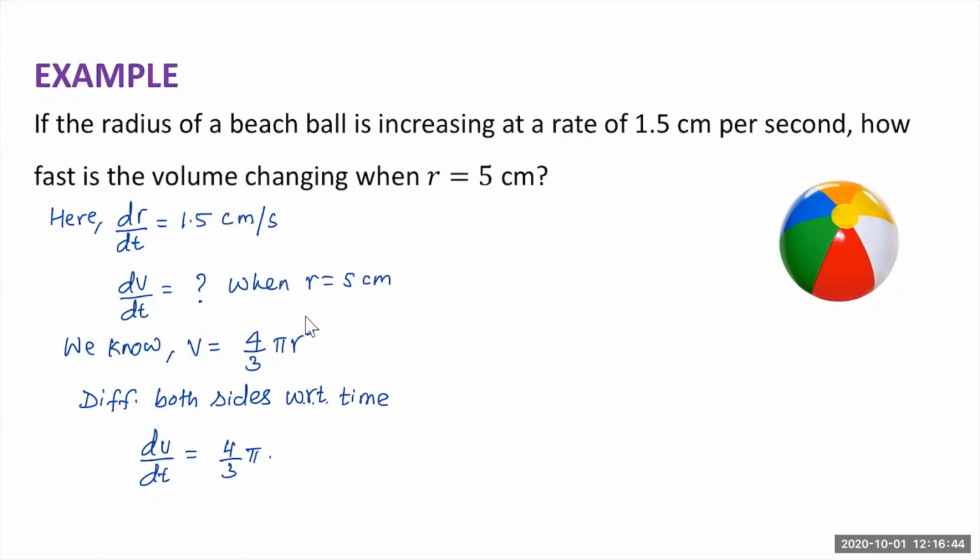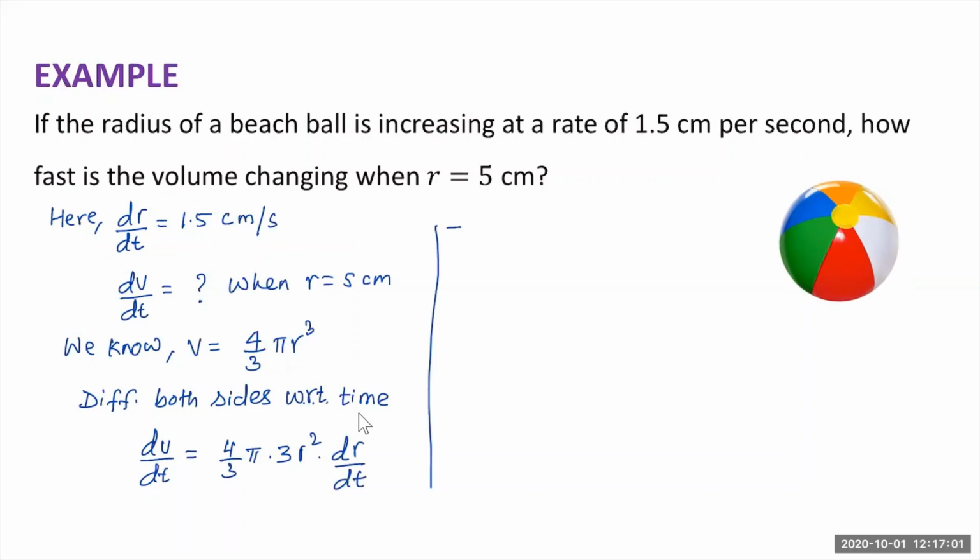When you find the derivative of r cubed, you use the power rule. So you'll bring that 3 down, reduce the power by 1, but you are differentiating radius with respect to time. So this is the implicit differentiation. You multiply by dr over dt.